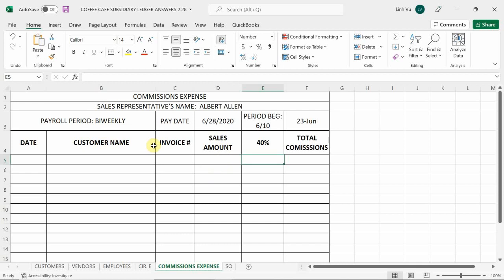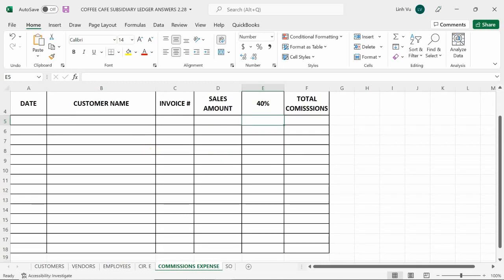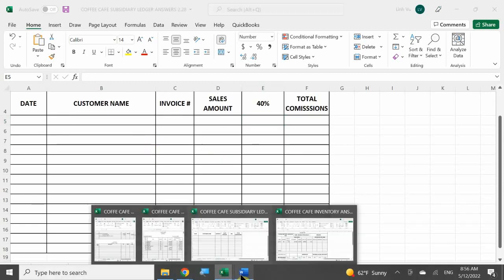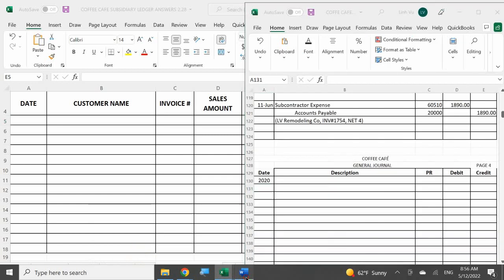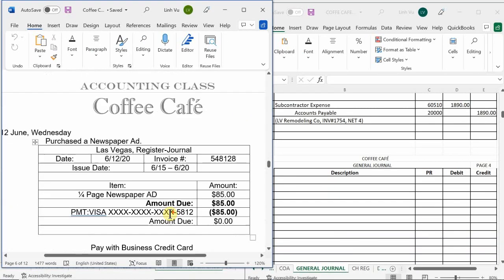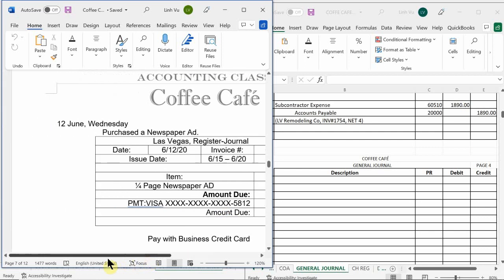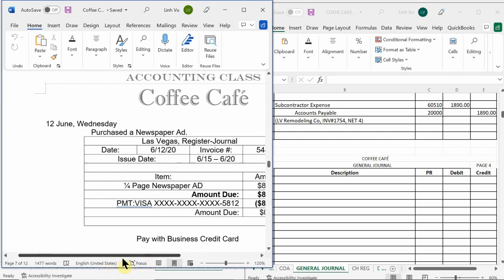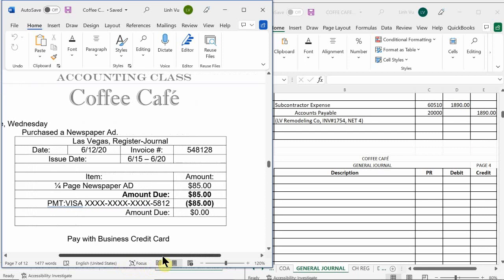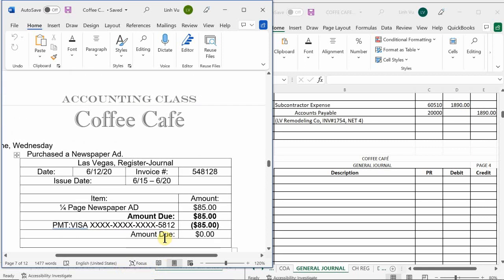All right, so let's go ahead and see what happened next. Now it is the 12th of June, right? And we end up going to the Las Vegas Register Journal.